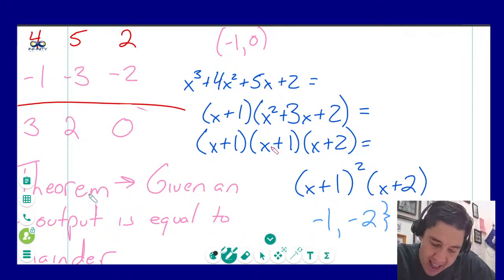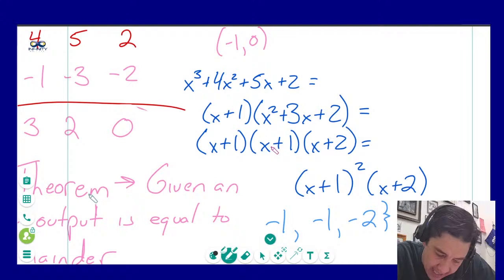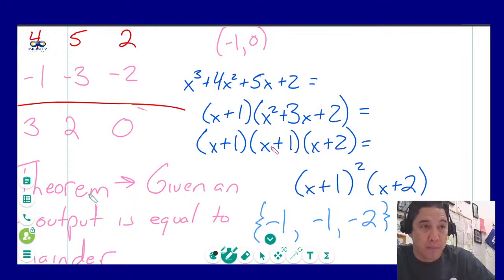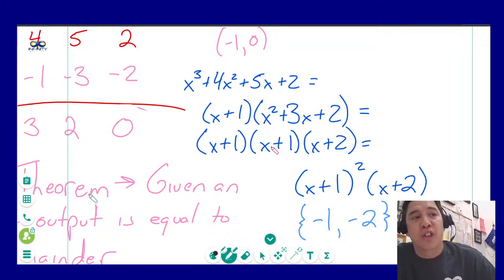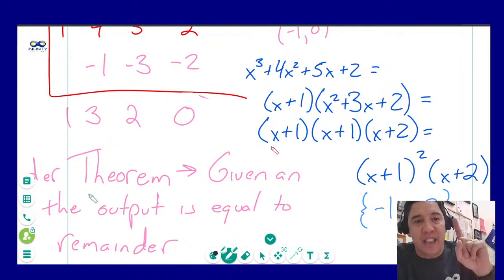My roots are actually -1, -1, and -2. But I don't have to restate the -1, but I do have to remember when I'm graphing that it has a multiplicity of 2. When something has a multiplicity of 2, it touches and turns at the root.